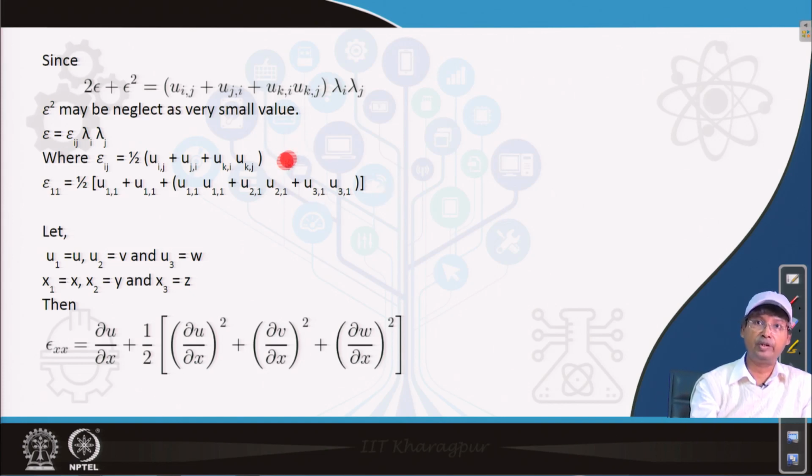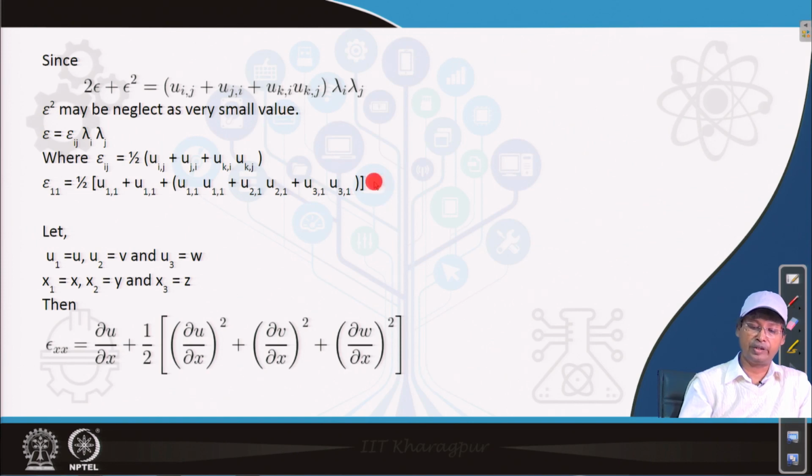If we elaborate this as a tensorial notation, putting i and j as 1, 2, 3, and k is definitely a sum over i j, and since it is repeated, we need to consider those as a sum of those two terms. Let u 1 equal u, u 2 equal v, and u 3 equal w. Then this same expression becomes this expression.